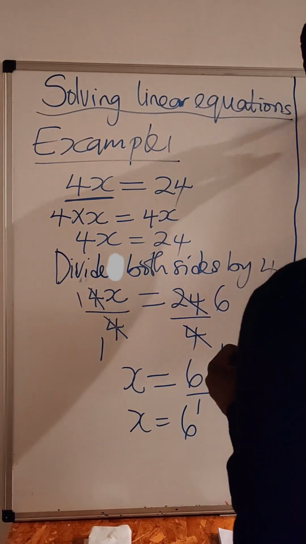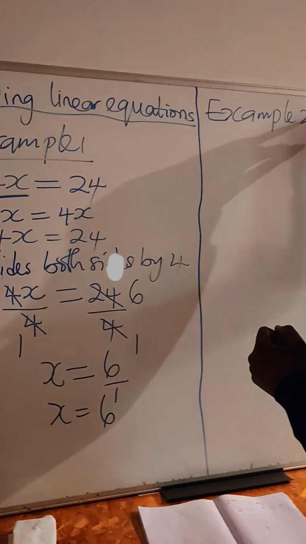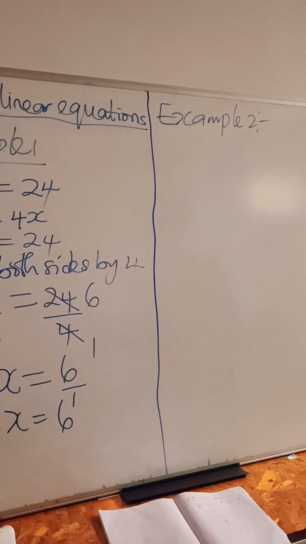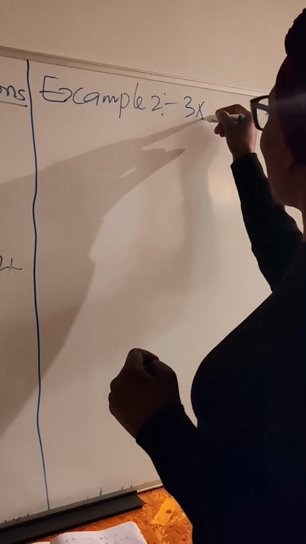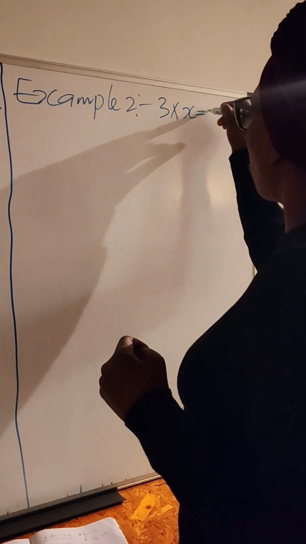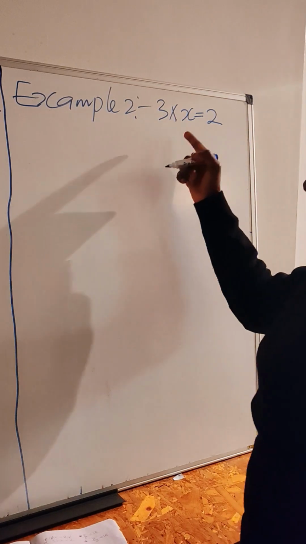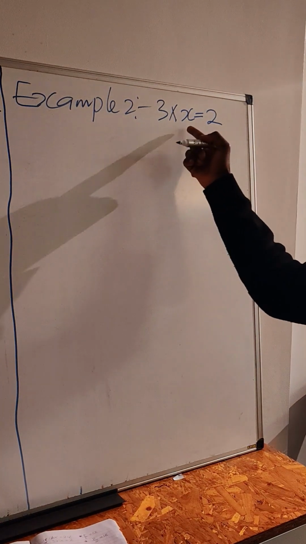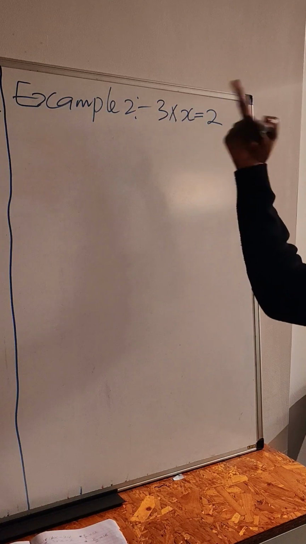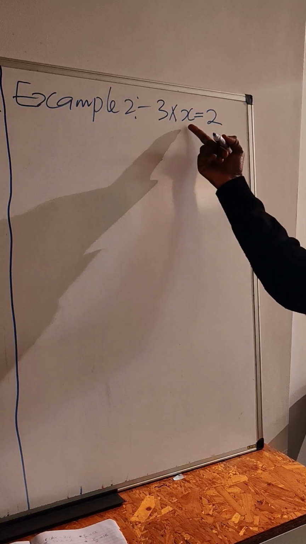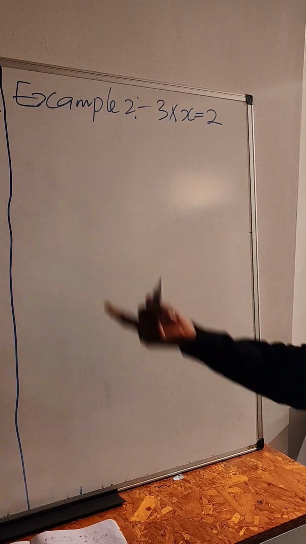I move to the second example, which is example 2. Also, we want to solve for x, where we have 3 multiplied by x equals 2. It is obvious that the relationship between x and 3 is a multiplicative relationship.